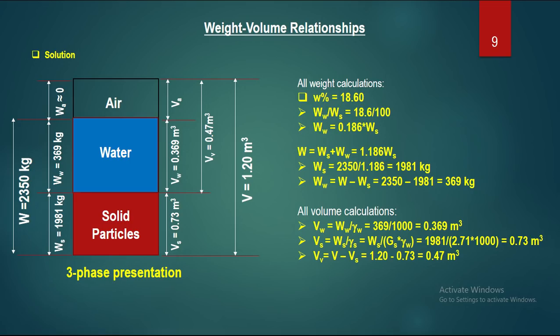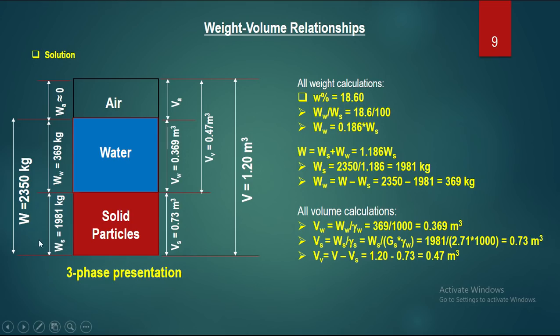So what we are going to do now is fill in this phase diagram. How are we going to do it? We are given the water content value of 18.6, and we know the basic definition. This, at least, you must not forget. The definition is weight of water to weight of solid, and that should be equal to this. So that will give you an expression of weight of water in terms of weight of solid.